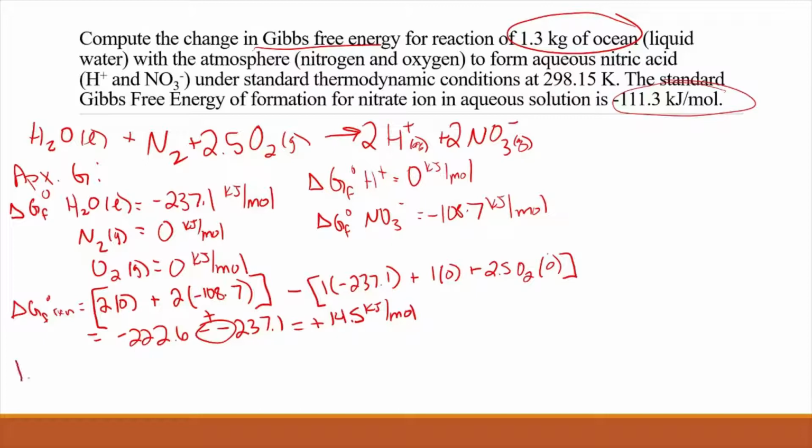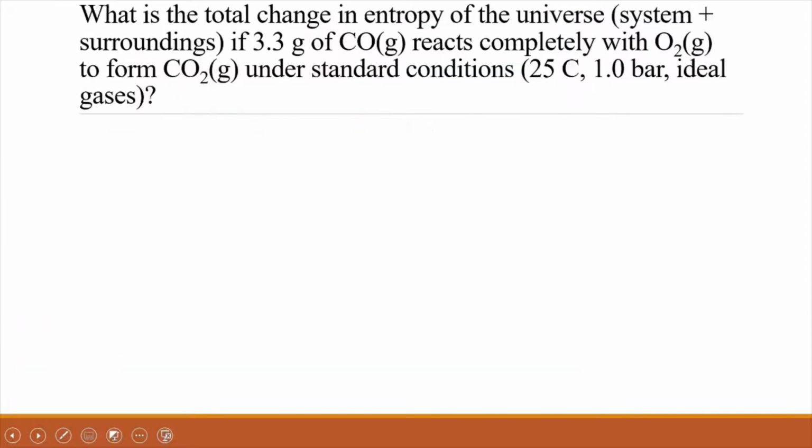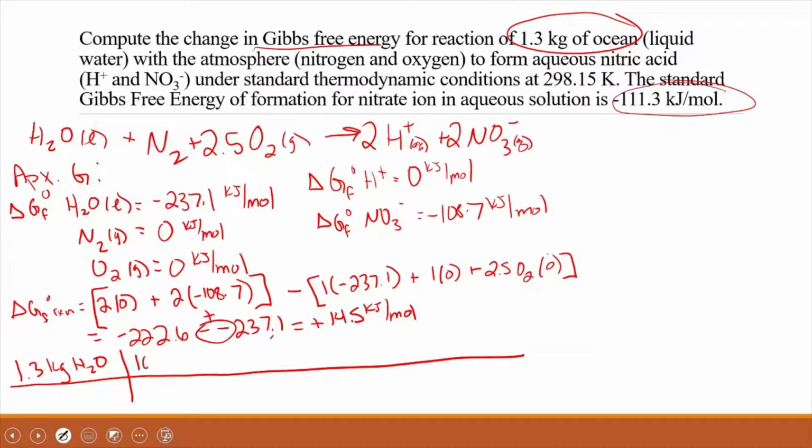So we start with 1.3 kilograms of water. And then we'll start by putting this into grams. We have 1,000 grams of water for every 1 kilogram. And then we can go ahead and change this to moles using molar mass. So we have 1 mole of water for every 18.02 grams of water.